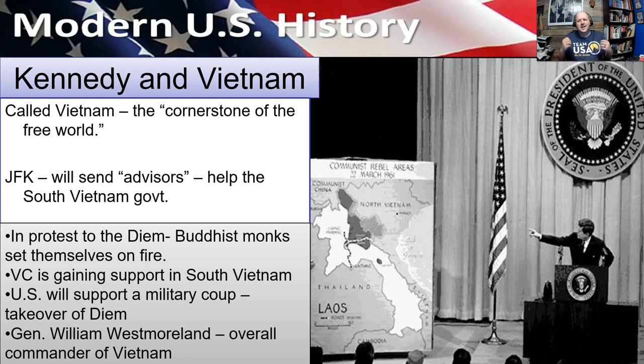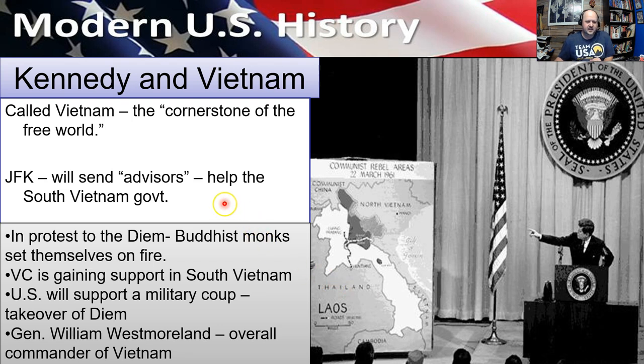He's making the argument that the reason we need to get involved in Vietnam is because democracy and capitalism are on the line. If we don't do something to stop communism from taking hold here, who knows what's going to happen. So he's basically following that domino theory that Eisenhower kind of started, right? If we let this Vietnam domino fall, it's going to knock down all these other dominoes. And we can't have that happen.